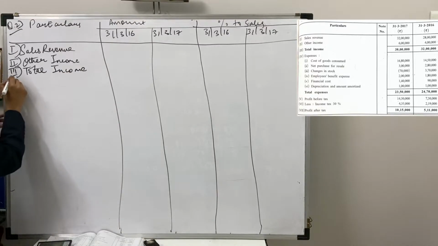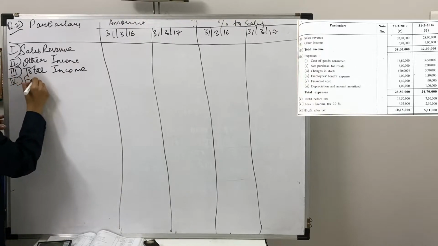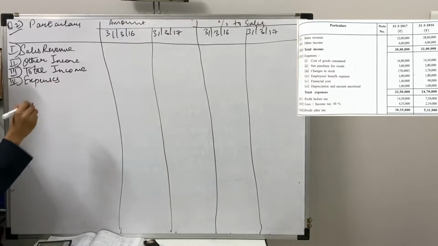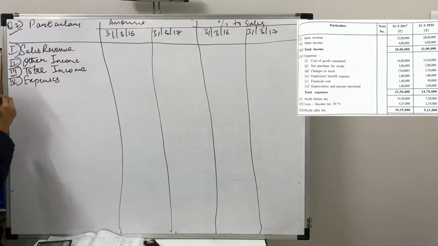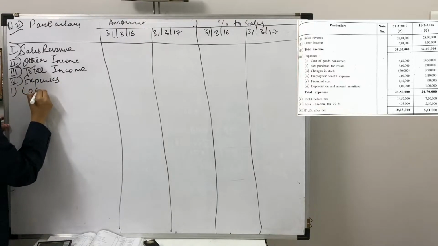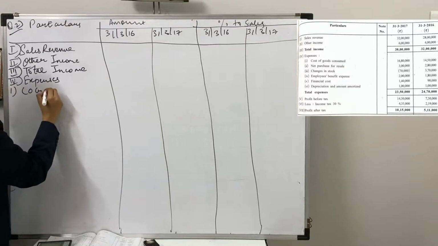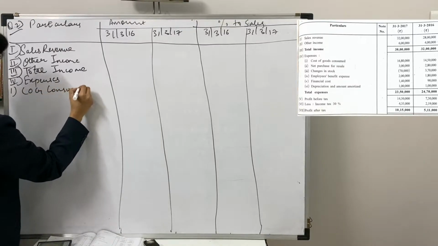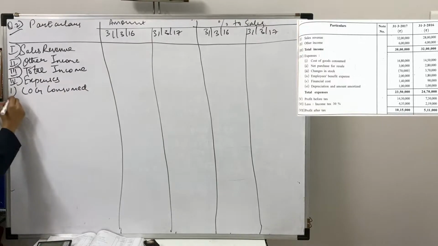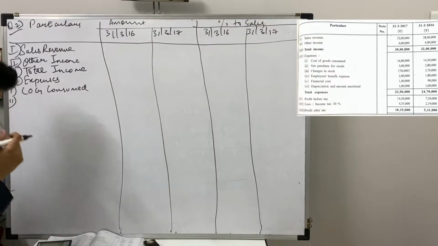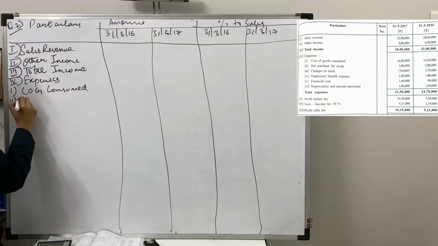Next is your expenses. In your expenses, things covered from the question: cost of goods consumed. This is for cost of goods. Second is your net purchase for resale.